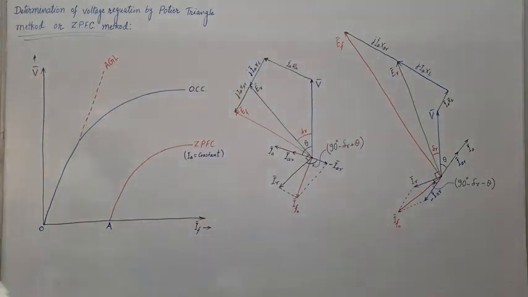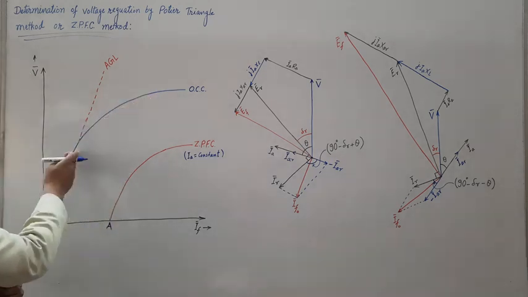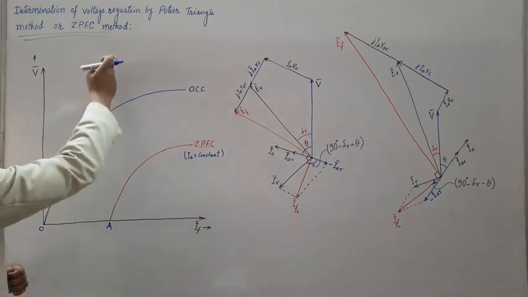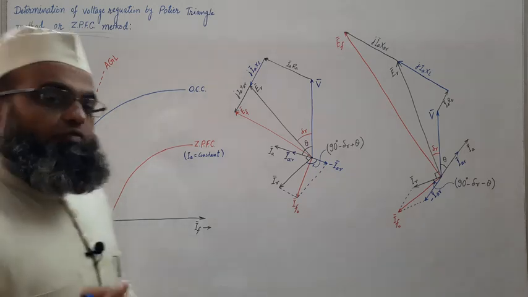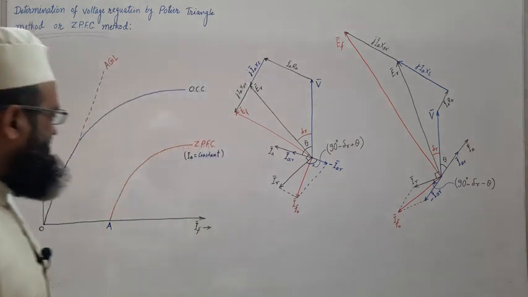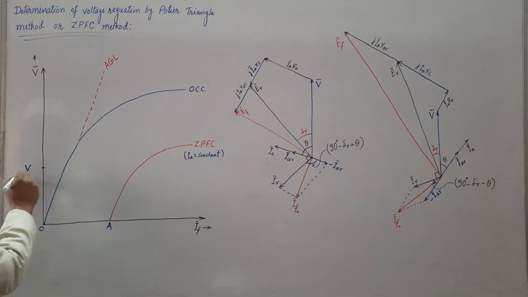So next, step number 3, extend the linear part of the OCC to get the AGL like this. Next, let us mark the rated terminal voltage, V rated.